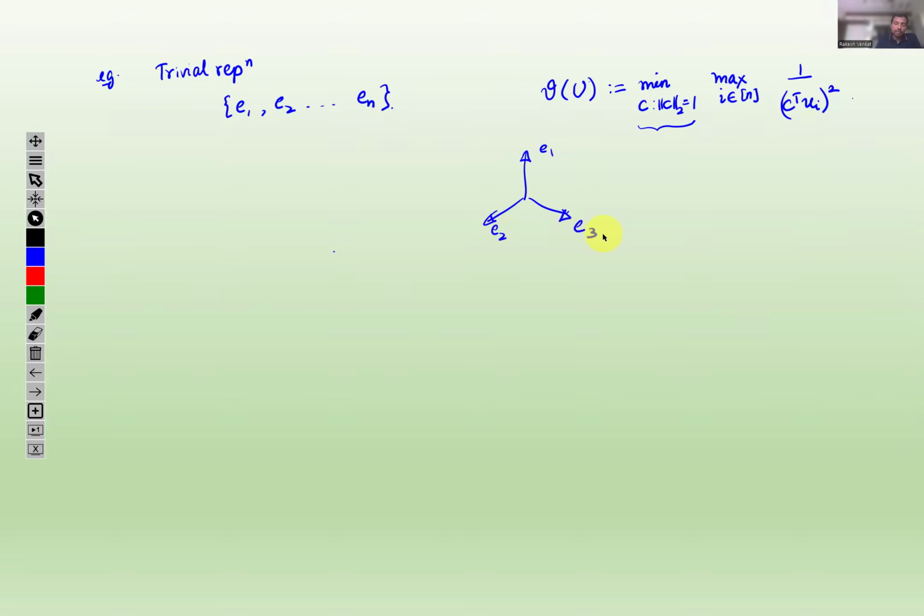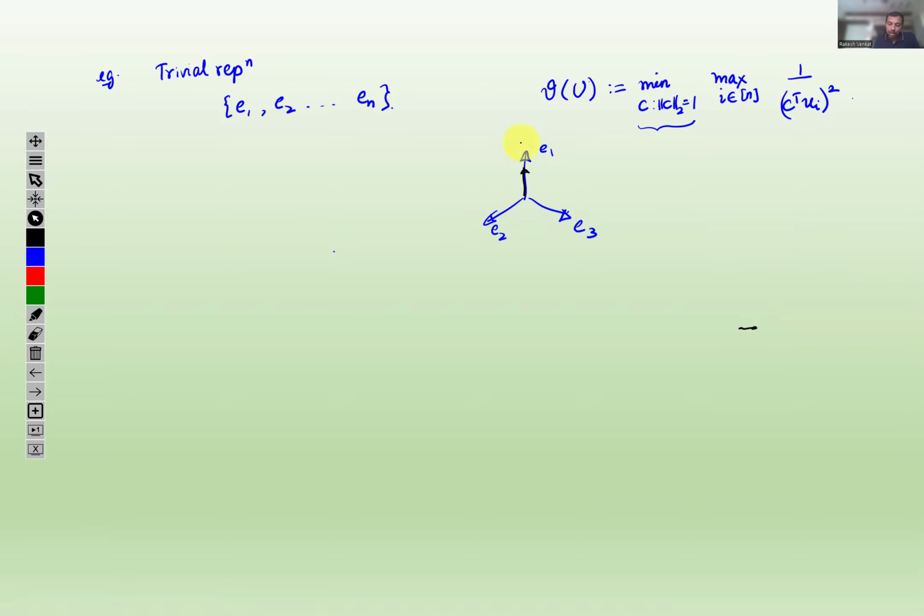Let's just do 3 dimensions for simplicity. Notice that maximizing 1 over the projections is like minimizing the projections. Now, if I put the vector C along any of these basis vectors, then although I make the projection on the others 0, the projection along E1 goes up to 1. I want to avoid that.